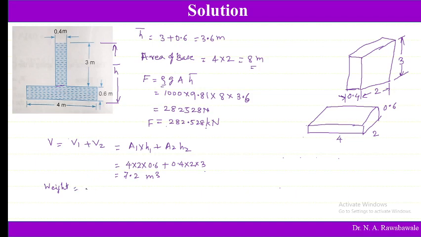So total weight is equal to rho G V. Rho is 1000 into 9.81 into 7.2. So this is 70,632 Newton is the weight.